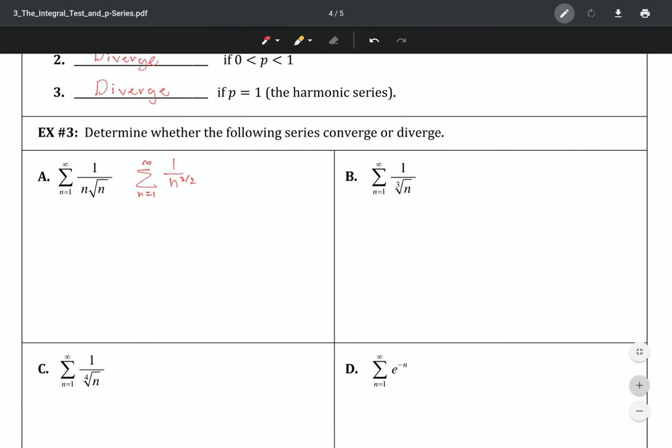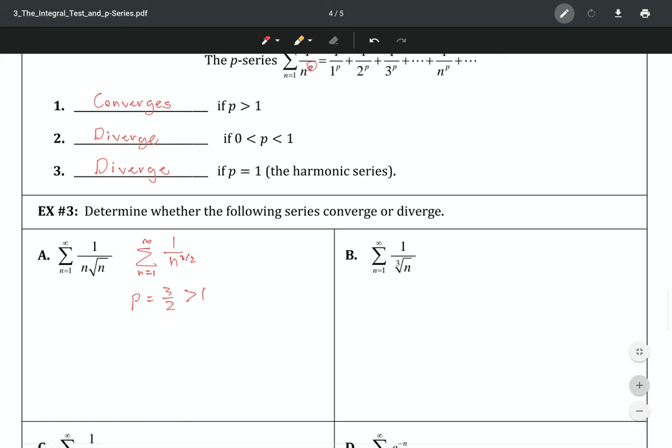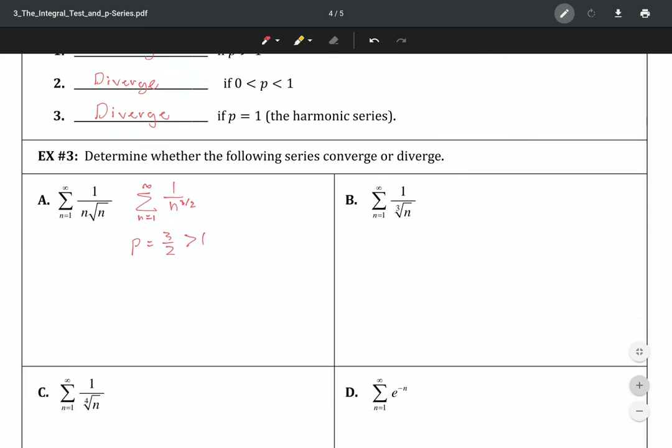Now, since p, the power here, is 3/2, and 3/2 is greater than 1, I know that it's going to converge by the p series. At the very least, you have to know which test you're doing.